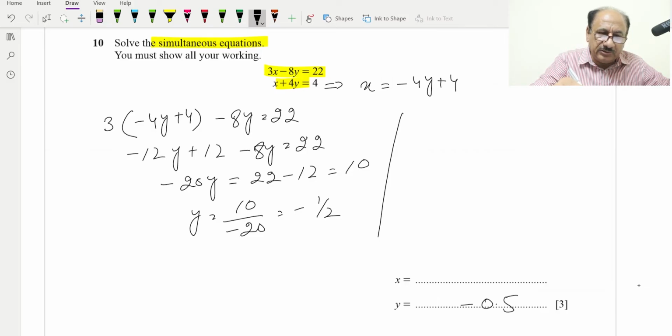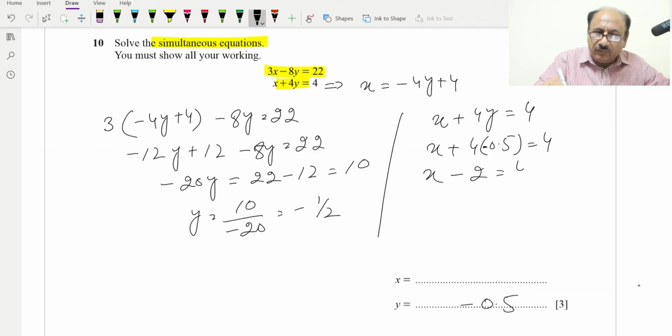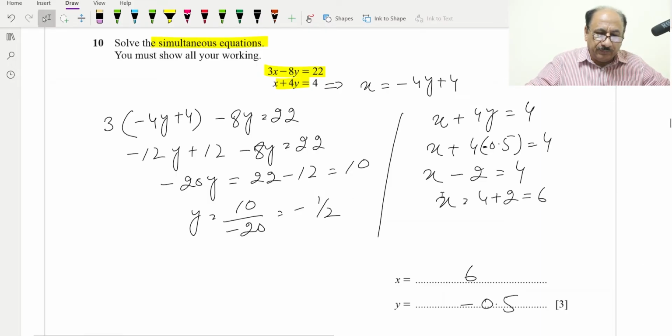I'll be replacing in the second equation. So x plus 4y is equal to 4. So x plus 4 into minus 0.5, this will be x minus 2 is equal to 4, so x is equal to 4 plus 2, which is equal to 6. So we can write it, x value is 6, which is done.